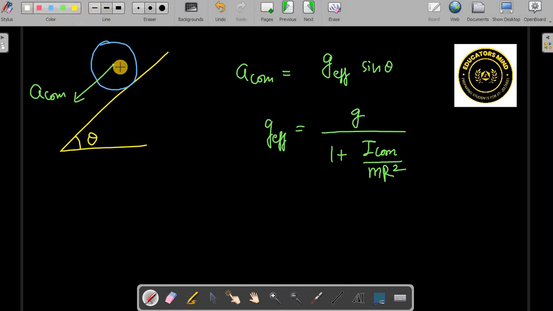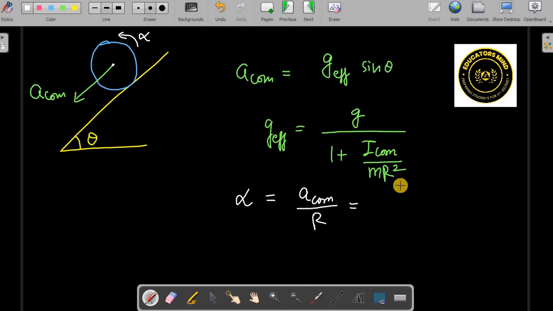And if you want to calculate, angular acceleration can also be calculated, because it's going to rotate, so there will be angular acceleration. Angular acceleration is acceleration of center of mass by r, right?